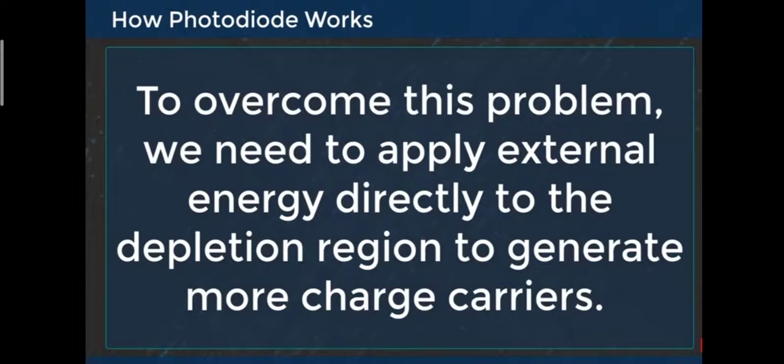So what happens in the PN junction diode when reverse bias voltage is applied?